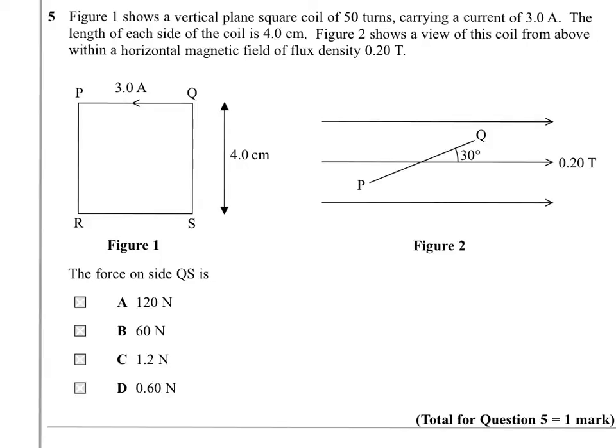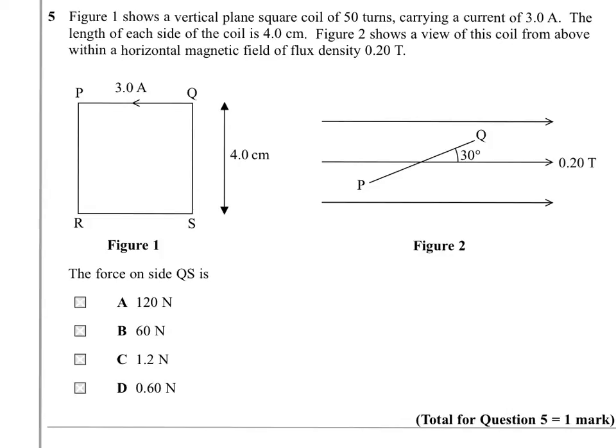Figure 1 shows a vertical plane coil of 50 turns carrying a current of 3 amps. The length of each side of the coil is 4 centimeters. Figure 2 shows a view of this coil from above within a horizontal magnetic field of flux density 0.2 Tesla.